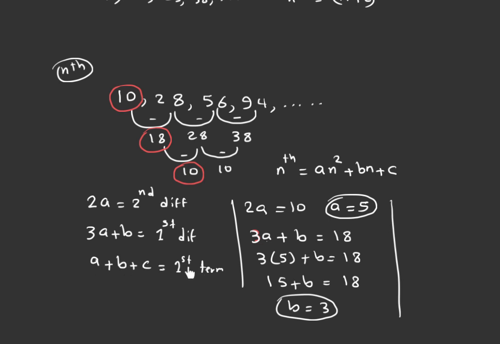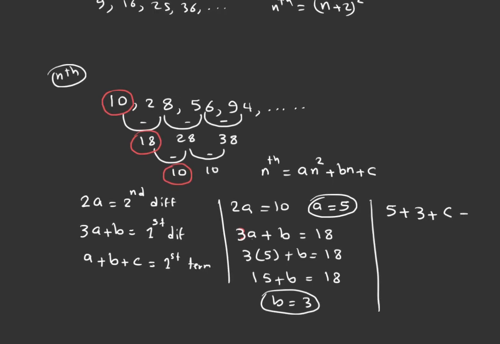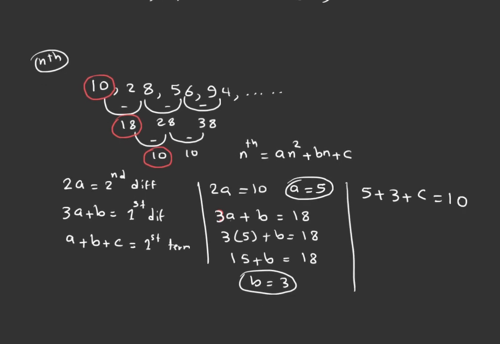We have a and b, so we need to find c. The first term is 10. So a, which is 5, plus b, which is 3, plus c equals the first term, which is 10. So 8 plus c equals 10, so c equals 2.